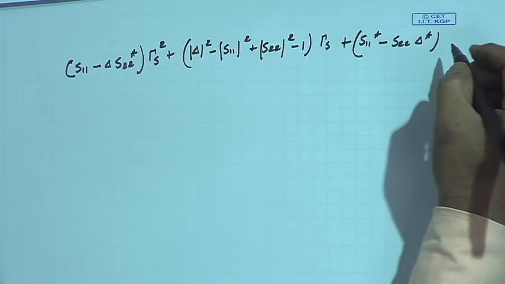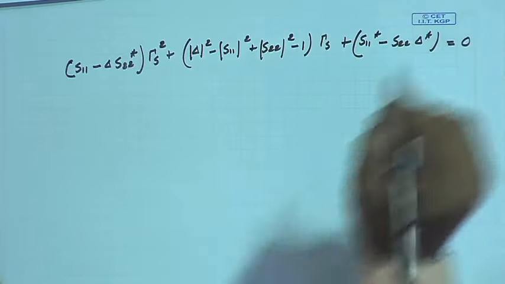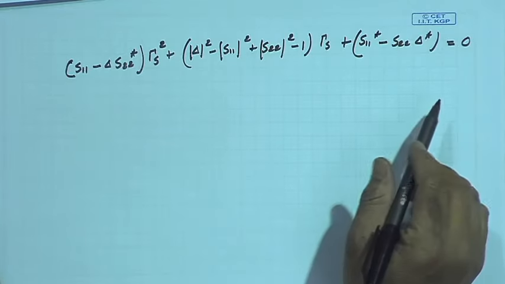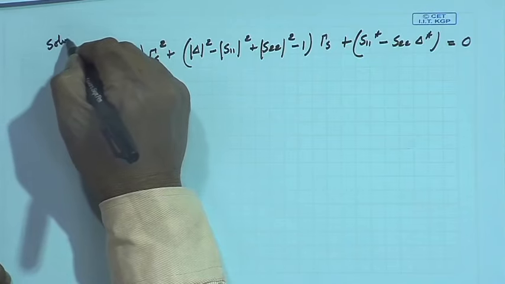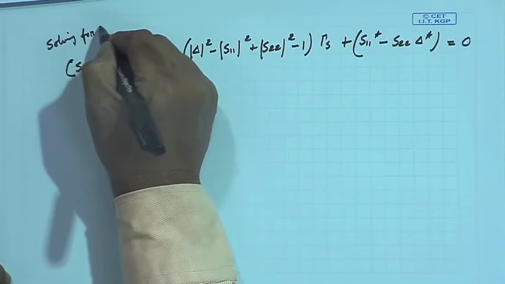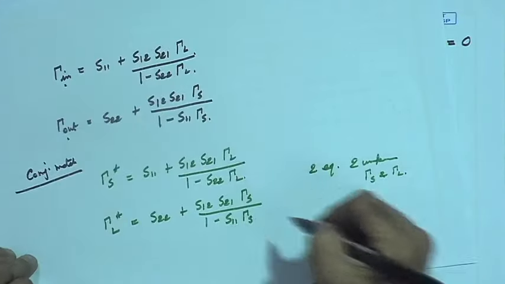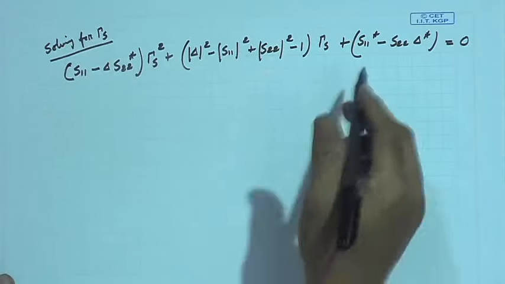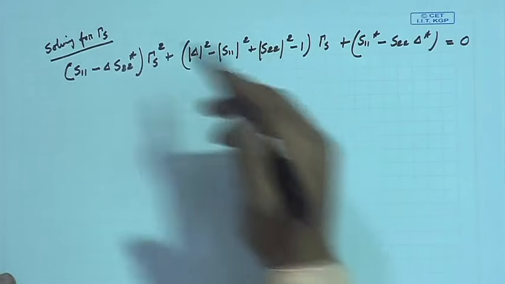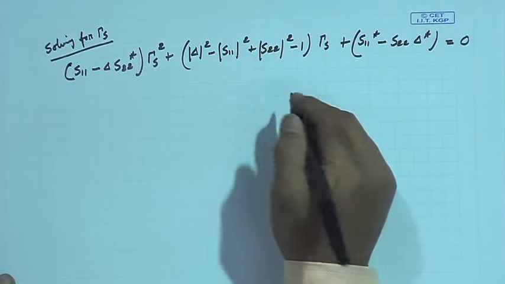Everyone do it, take a pen and paper and do it. Solving for gamma S from these two equations, two unknowns, I replace all the gamma L values and I get a quadratic equation in gamma S.